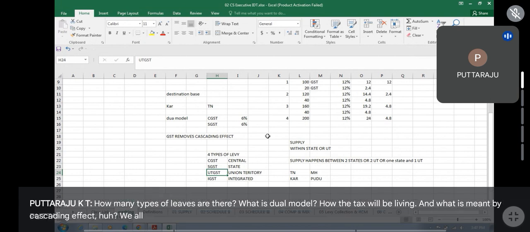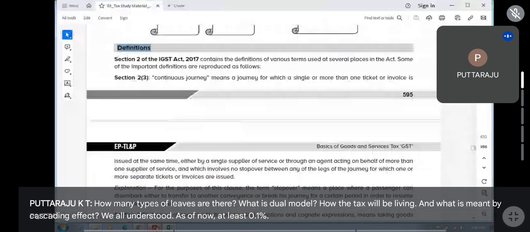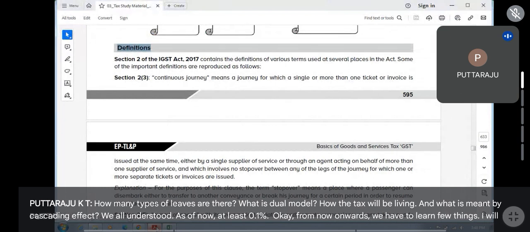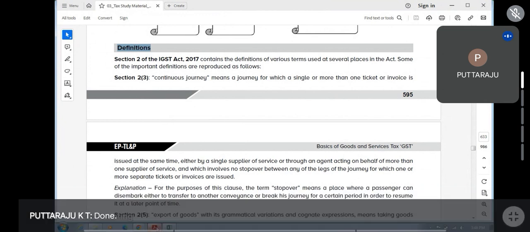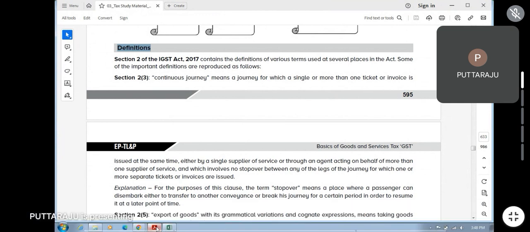We all understood as of now, at least somewhat. From now onwards we have to learn a few things. I will only discuss what is relevant from the examination point of view, the theory part. You need to know a few theories.